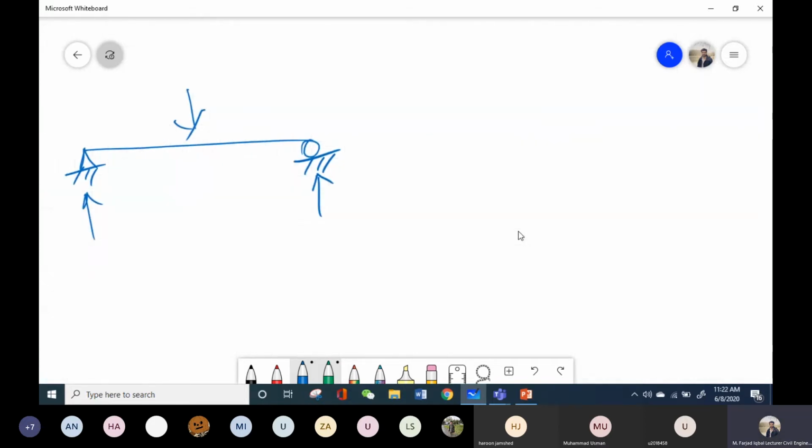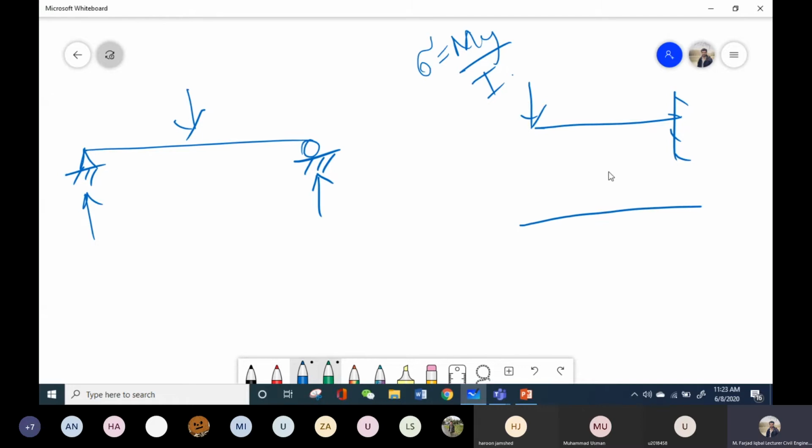We solved one example for the case of, let's say, a cantilever beam. This was our example. In this case, if I have to calculate the maximum bending stresses, obviously I have to calculate the maximum bending moment in the cantilever beam. For this one, we might have skipped the bending moment diagram.